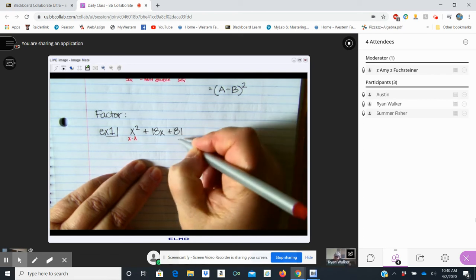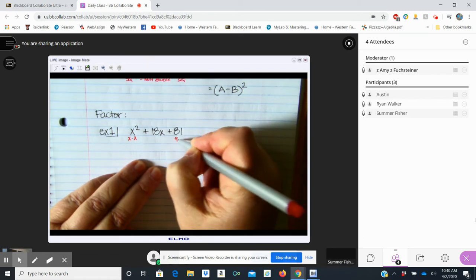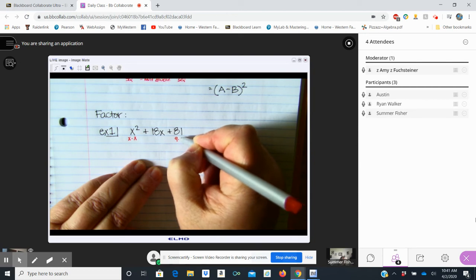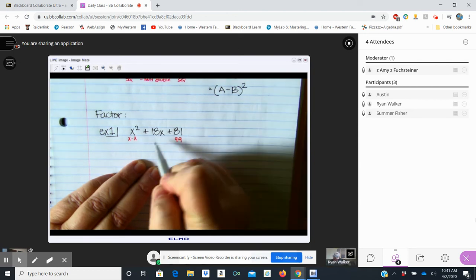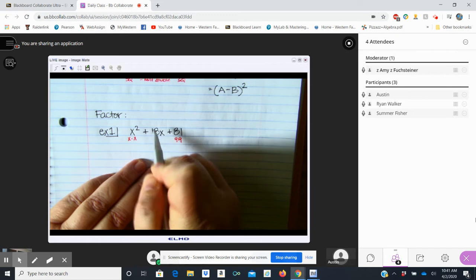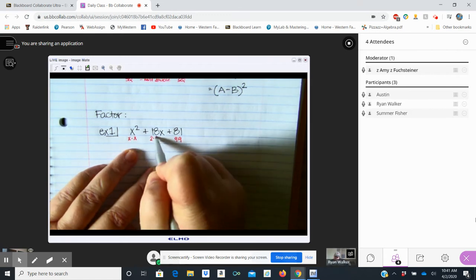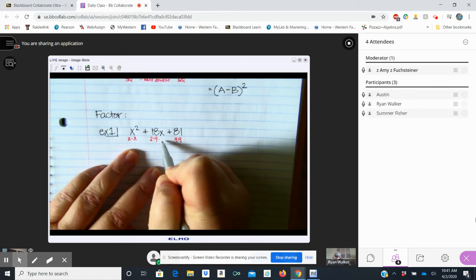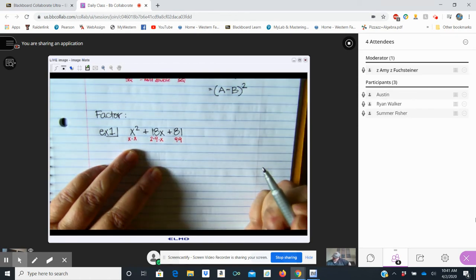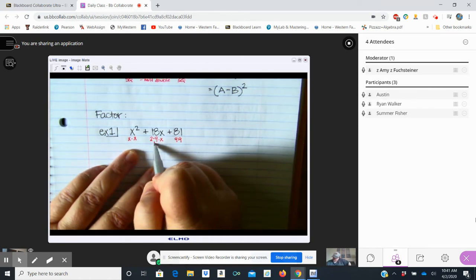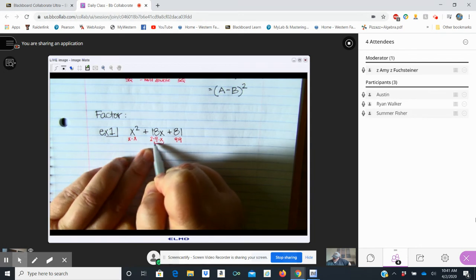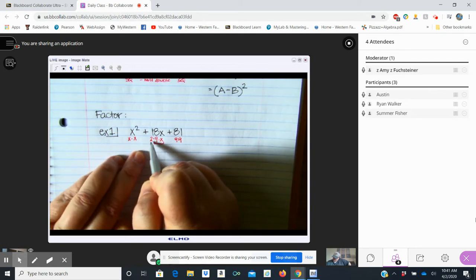Yeah. So this would be 9 times 9. Is my middle term 2 times 9 times x? Yeah. So I've multiplied each of the square roots together and doubled it.